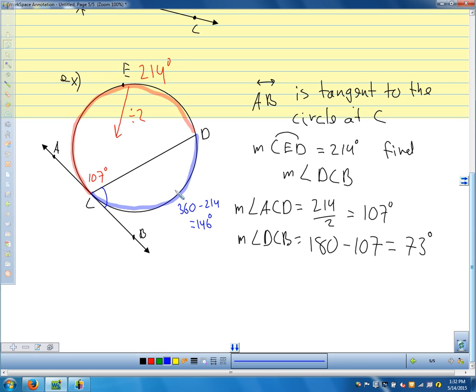And then to get from that arc to that angle, divide by 2. And I'll do that in blue because that's our different technique. 146 divided by 2 is 73. So we can do it either way.